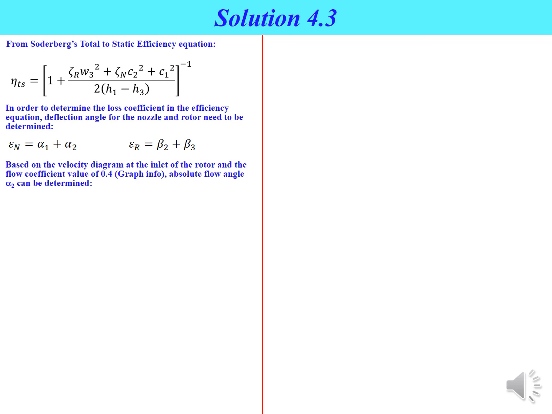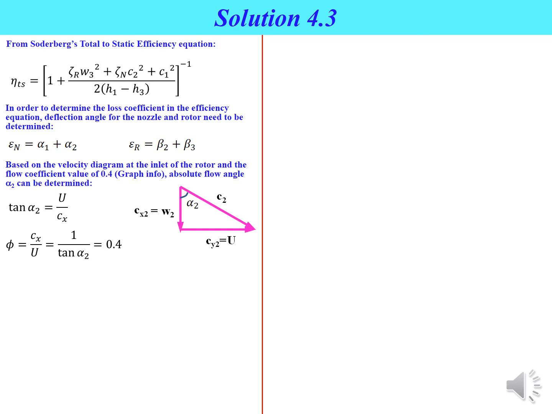Based on the velocity diagram at the inlet of the rotor and the flow coefficient value of 0.4, where the value we can obtain from the graph in the question, absolute flow angle alpha 2 can be determined. So the figure shows the velocity diagram at the inlet of the rotor. So based on the tangent formula, tangent alpha 2 equal to U divided by Cx.